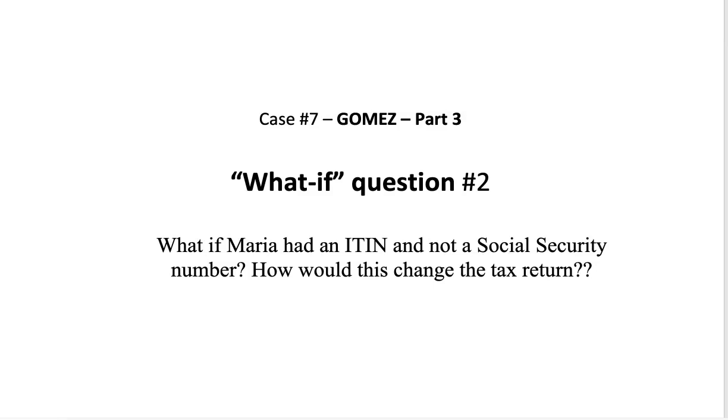What really can change is the credits, because those are tailored by Congress as it wishes. And again, the third EIP was only for those who had Social Security numbers, as an example.